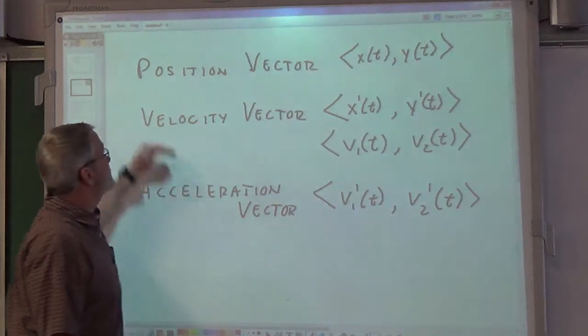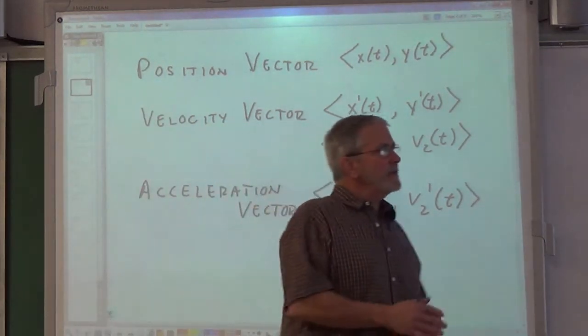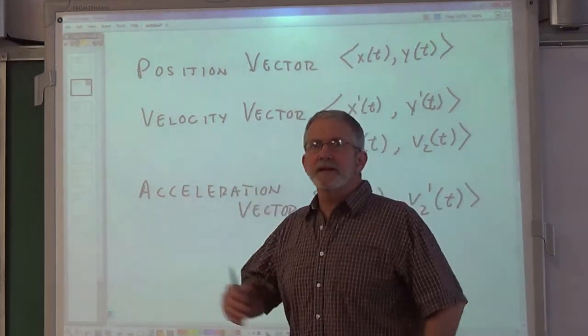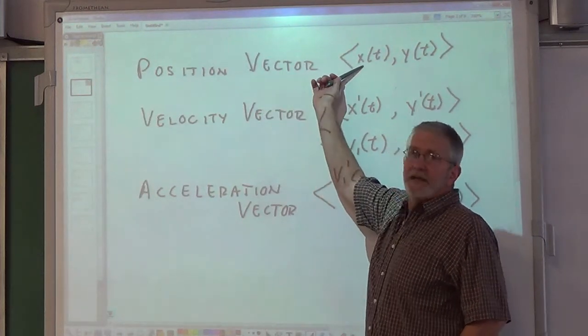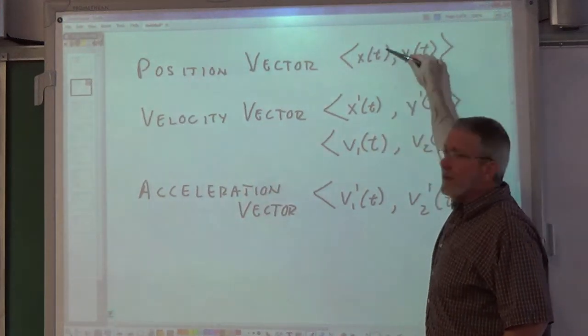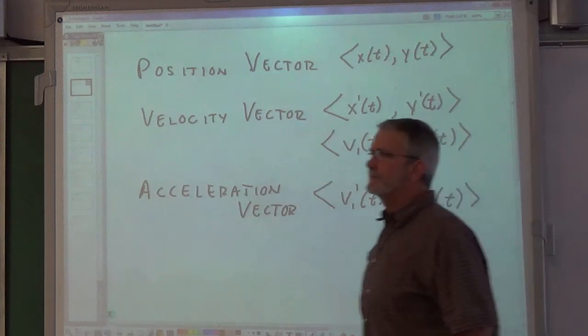And so we have this position vector. A position vector is not going to be a specific segment, but it's going to be a function of t. It's going to give us an x-coordinate and a y-coordinate, both of which are functions of t.